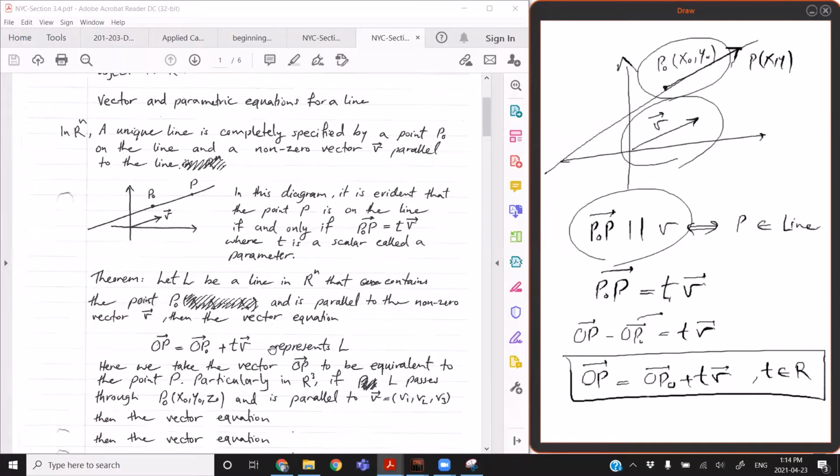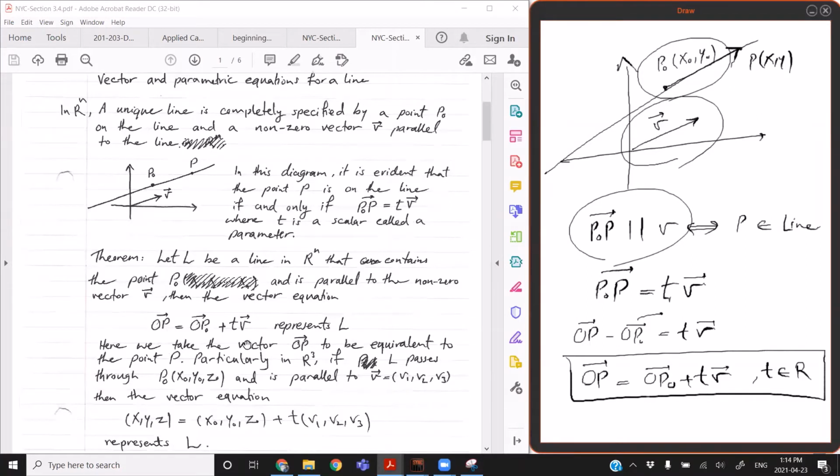Then the vector equation, as you can see, this is a vector equation, OP equals OP0 plus tV, represents the line L. And it simply comes from the idea that any vector inside this line is going to be parallel to V, and two vectors are parallel if and only if one of them is a scalar multiple of the other one. It's only these two simple ideas.